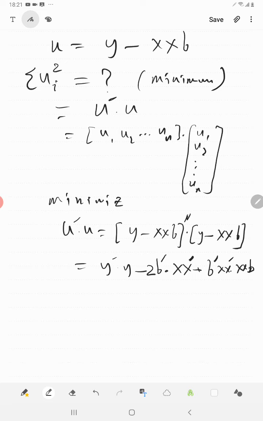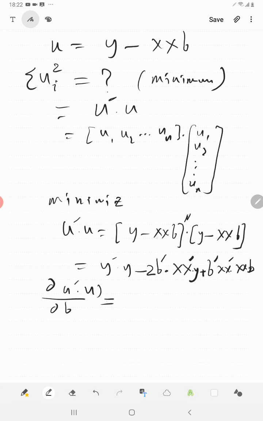Now to minimize this, we take the derivative of U transpose U with respect to B. Y transpose Y is a constant. Let me correct that, we have Y times Y plus, okay?